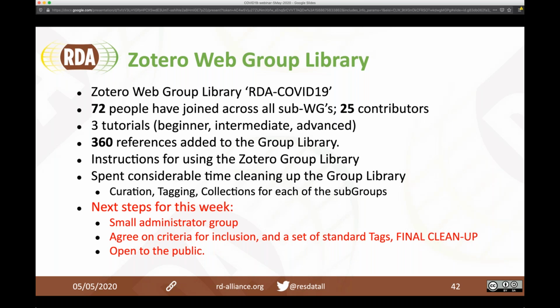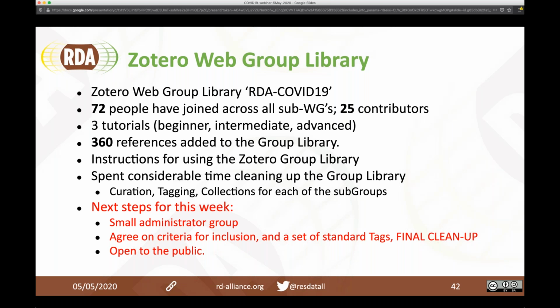For filtering, as was just discussed with the clinical group, tags allow us to filter the resources by category. So we need to come to an agreed upon set of tags across all of the subgroups, to bring some order and consistency to the library. We're forming a small administrator group this week, and we'll proceed to a cleanup.